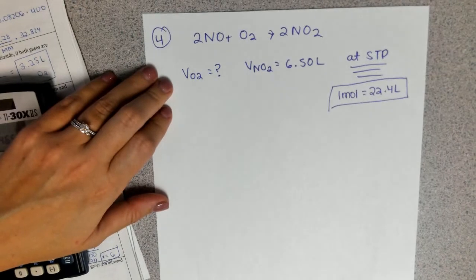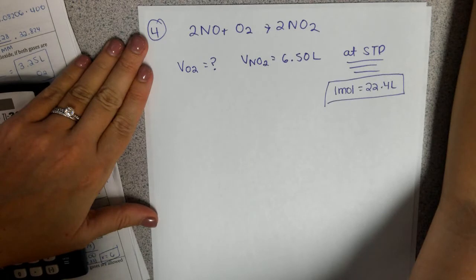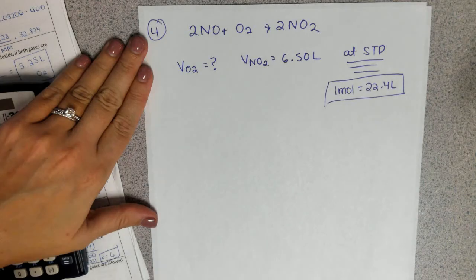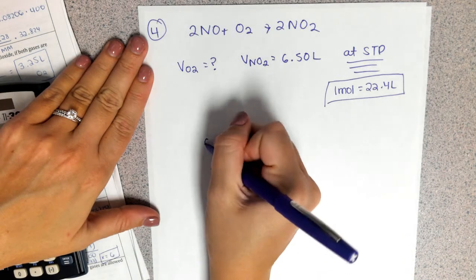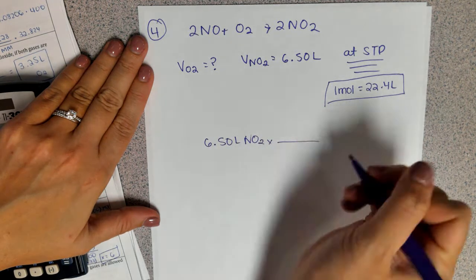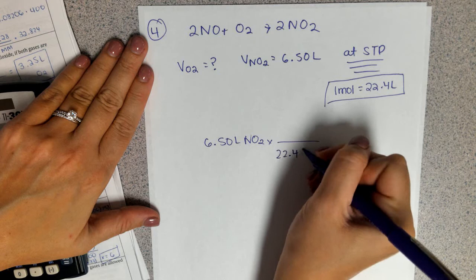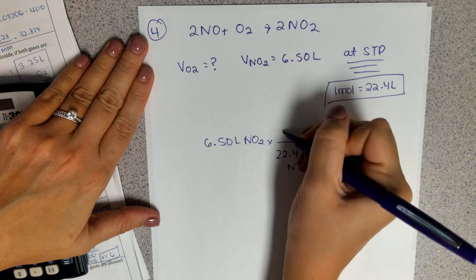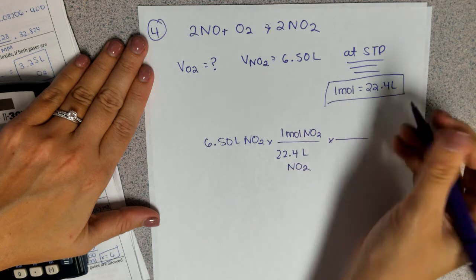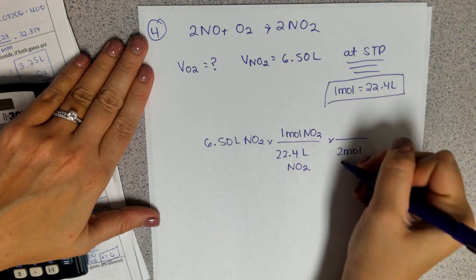And so all we actually have to do is, okay, so 6.5 liters of NO2 times 1 mole of NO2 per 22.4 liters NO2, times 2 moles NO2.